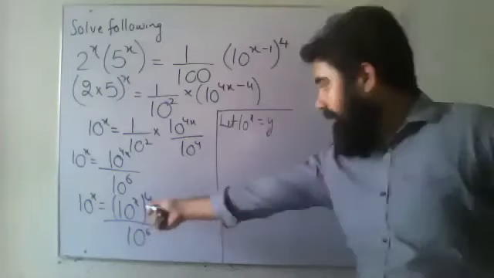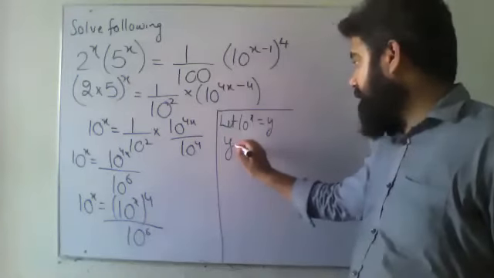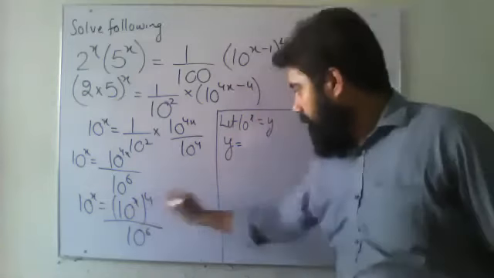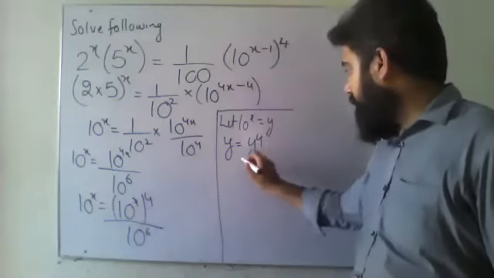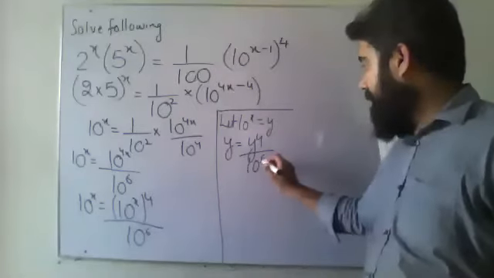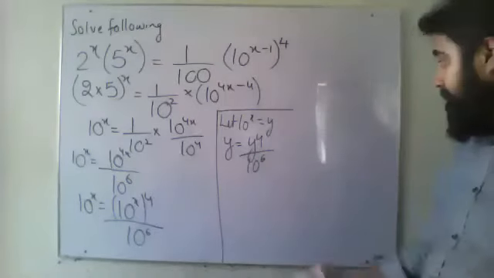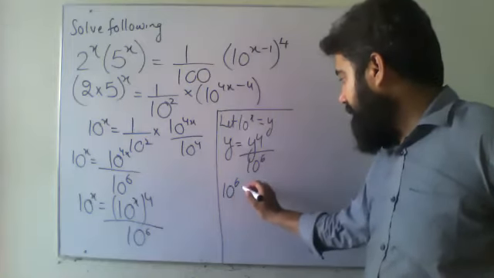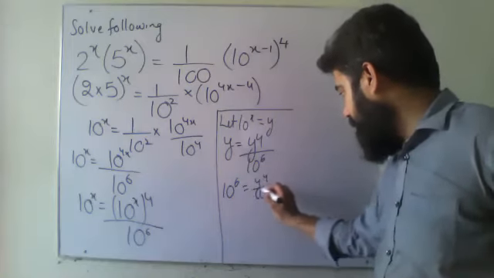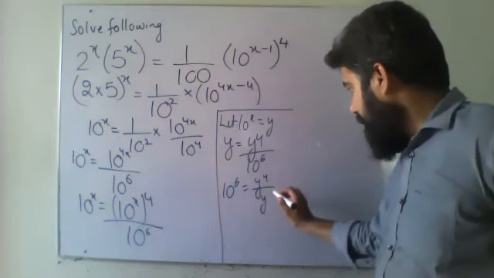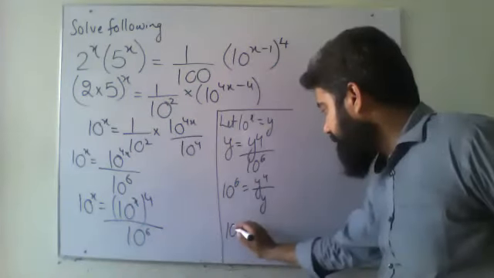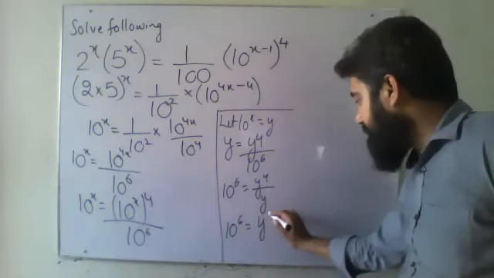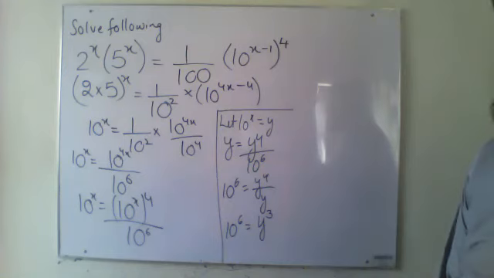So when I will be writing y over here, this will become y equals to y to the power 4 over 10 to the power 6. Okay. So when I will simplify it, what will happen? I'm cross multiplying it. 10 to the power 6 equals to y to the power 4 over y. When I will simplify it further, same bases are being divided. Power will be subtracted. This will become like this.